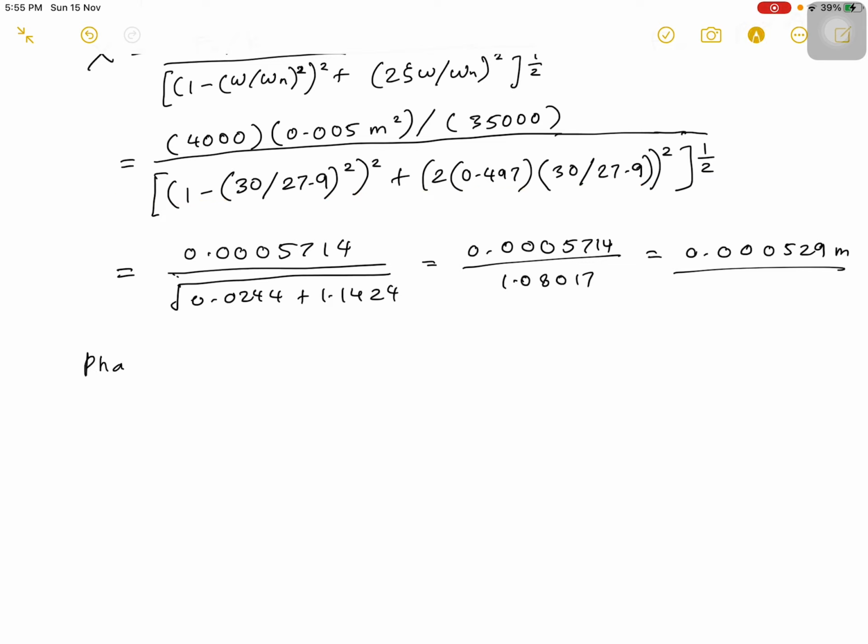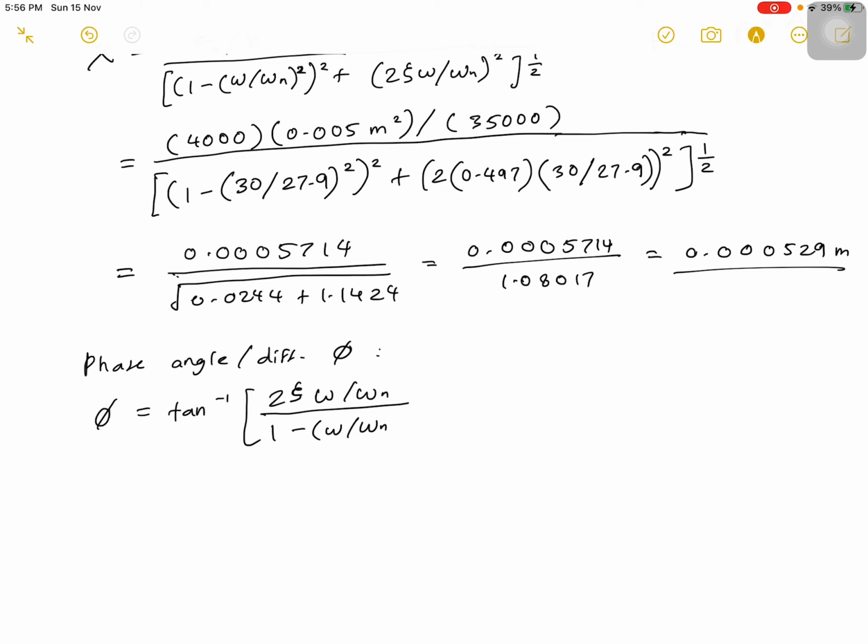The phase is phase angle or phase difference. Psi is equal to tan^-1 of 2 zeta omega over omega n, over 1 minus omega over omega n squared. Right?